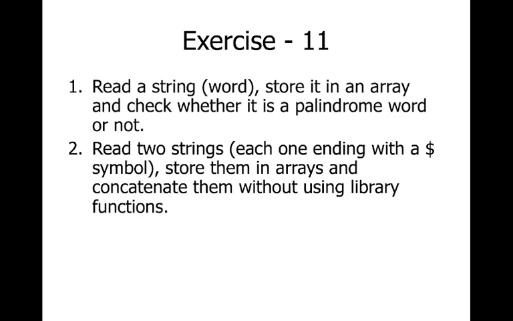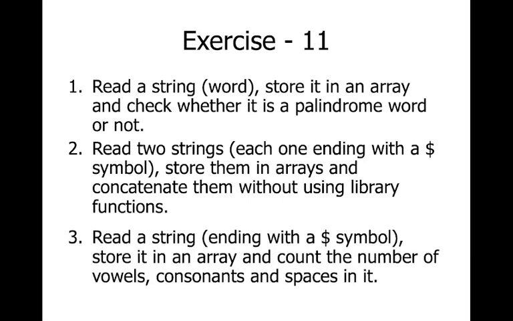Without using that function, with some looping mechanism or character manipulation functions, you have to concatenate those two strings. If you enter hello dollar in one string and world dollar in another, you have to concatenate them together as hello dollar world dollar, but without using the library function. You should not use strcat. You can simply use character manipulation functions or loops.